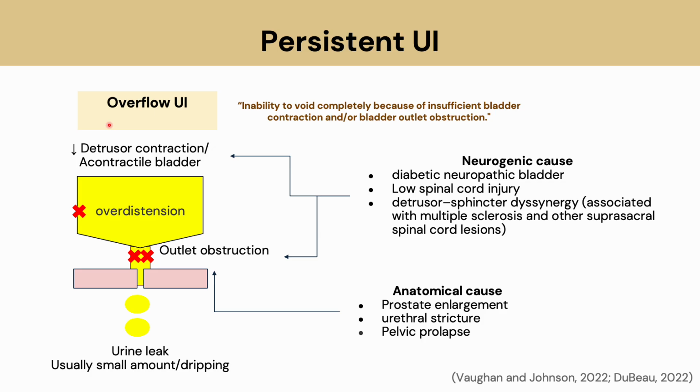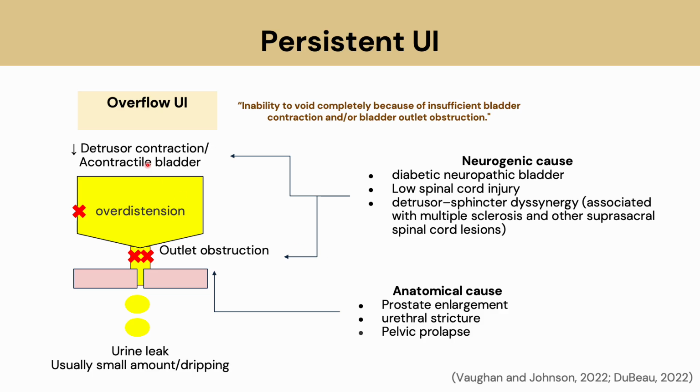On the contraction side, we have decreased detrusor contraction or an underactive bladder from neurogenic causes, such as diabetic neuropathic bladder, low spinal cord injury, or detrusor sphincter dyssynergia associated with multiple sclerosis. On the obstruction side, we have anatomical causes like prostate enlargement, urethral stricture, or pelvic prolapse.